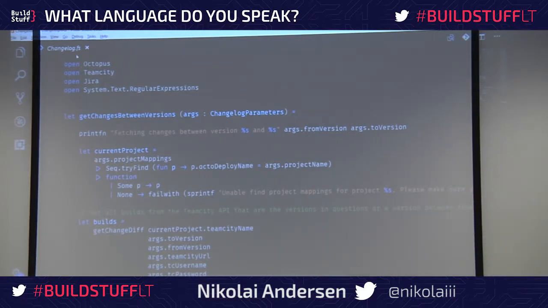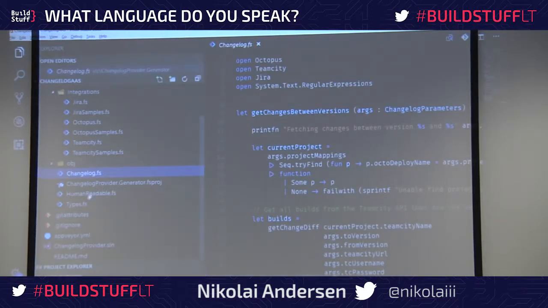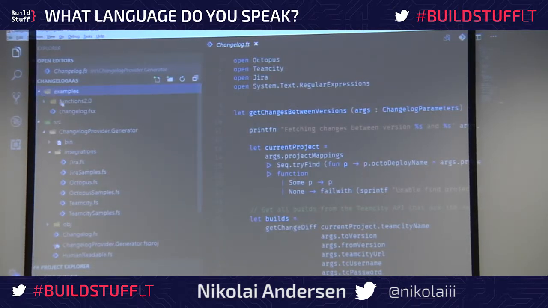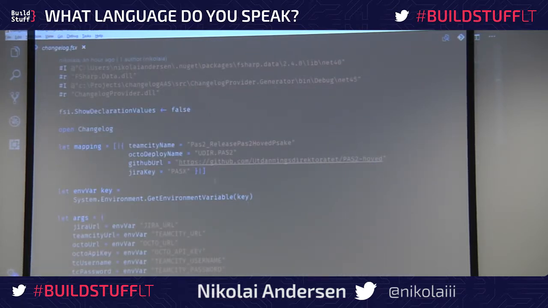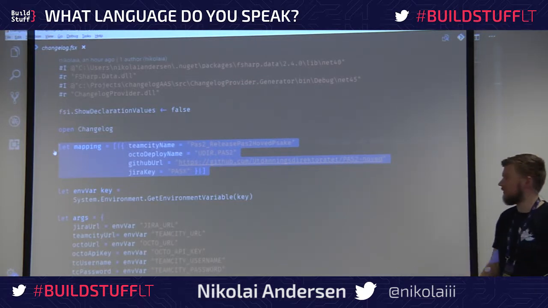If we were a bit smarter, we could have just given it the same ID or the same name, but we didn't. So I'll show you how the input looks. Basically, I have a mapping like this, and I can add more mappings, so I can use the changelog for all the projects we have in these systems.